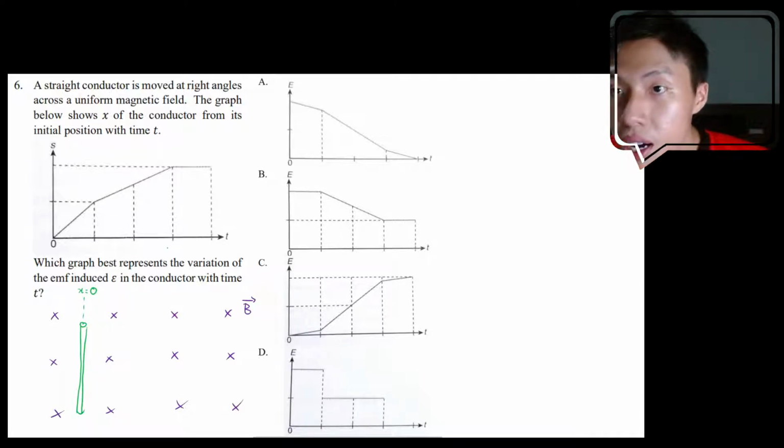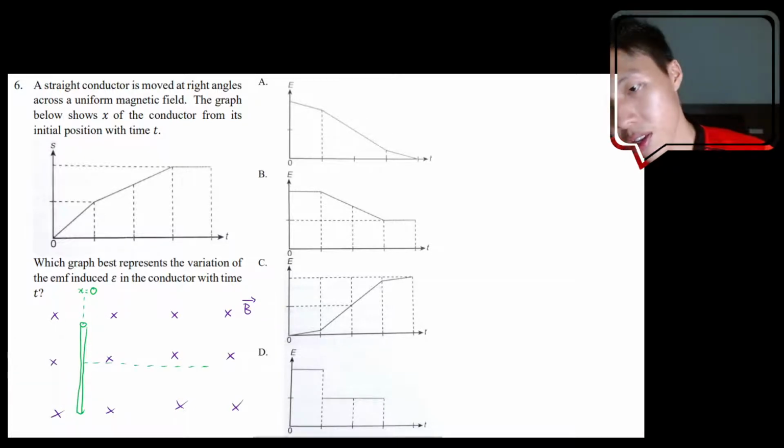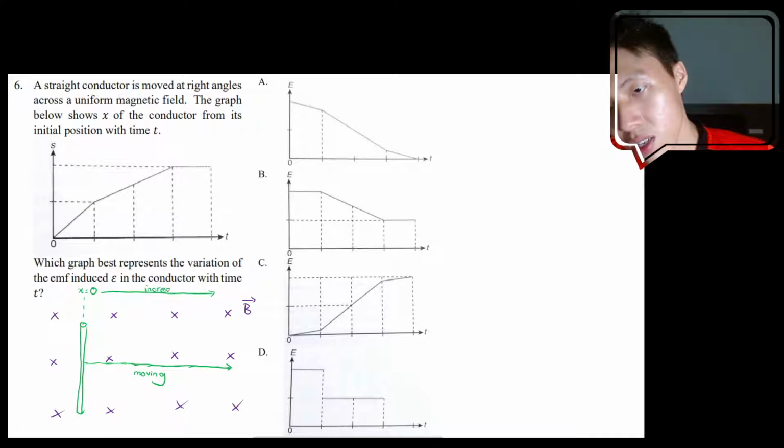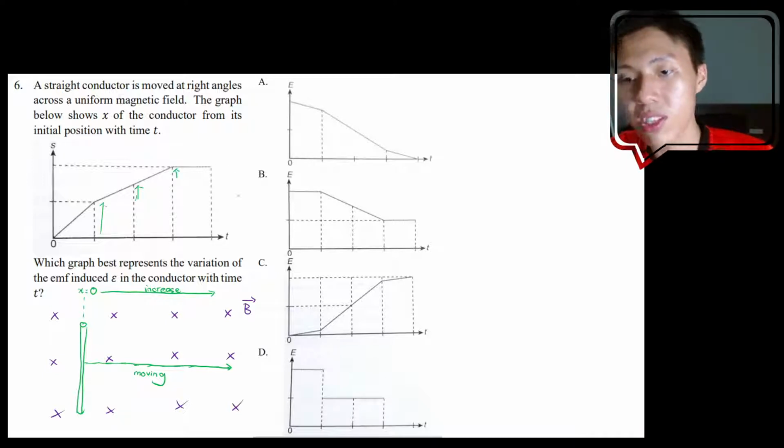Then the straight conductor will be moving. Okay, so as it moves, then the x will increase. So this is what you see here. The x increases, continues to increase, then not increasing anymore. We can call this x.